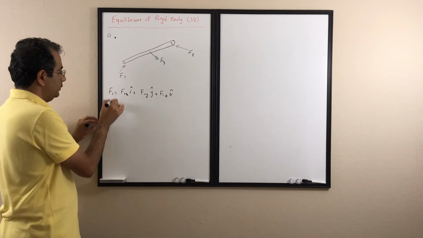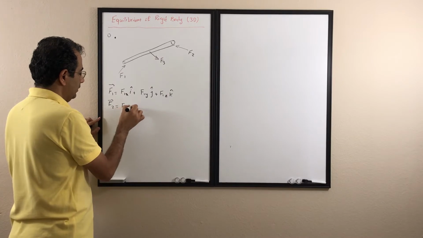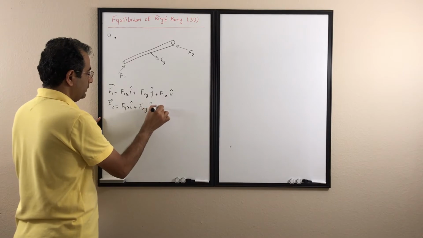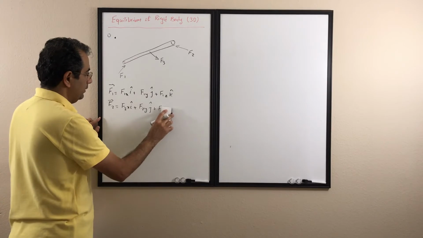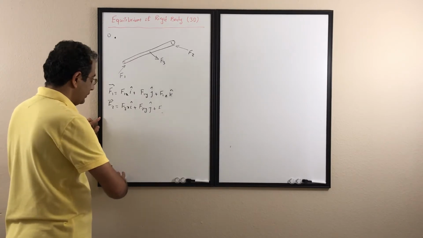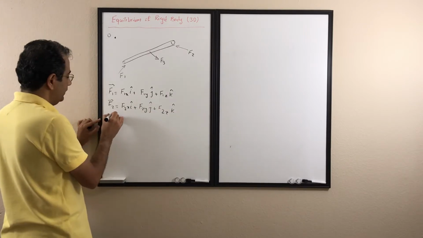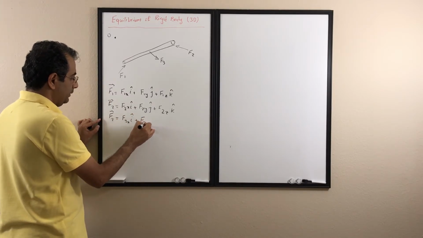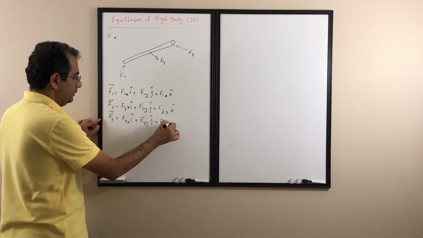The same for F2: F2x i plus F2y j plus F2z k. And for F3 also, I have F3x i plus F3y j plus F3z k.